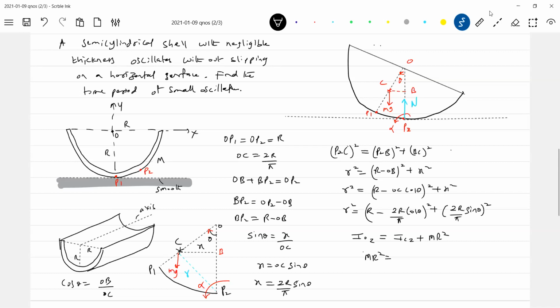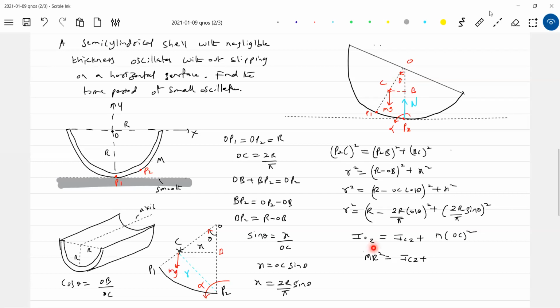Hollow cylinder or cylindrical shell, semi-cylindrical shell will be same, MR square. So this will be ICZ. Oh, sorry. M into OC whole square, no? Parallel axis theorem. IOZ is equal to ICZ plus M into OC square.